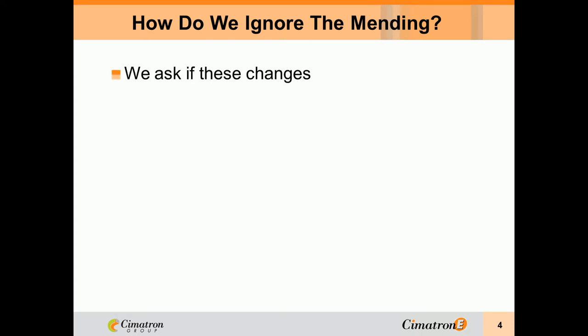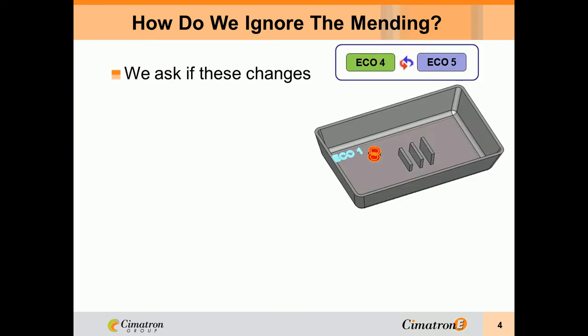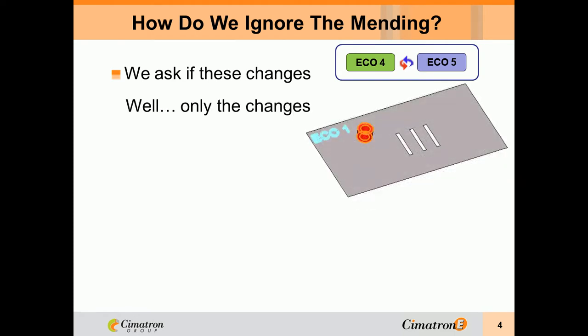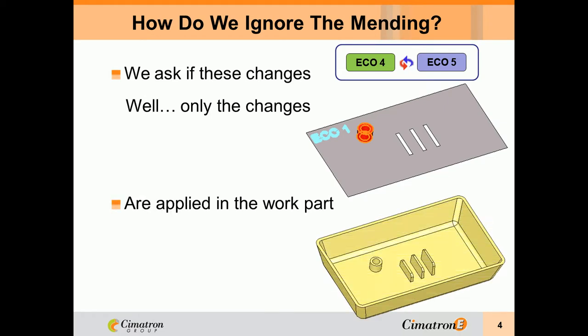We do it by changing the question. Instead of asking only if ECO5 is exactly the same as the work part, we now look only at the changes between ECO4 and ECO5. Let's take a closer look without the surrounding faces. We only look at these changes and ask if they are applied in the work part.